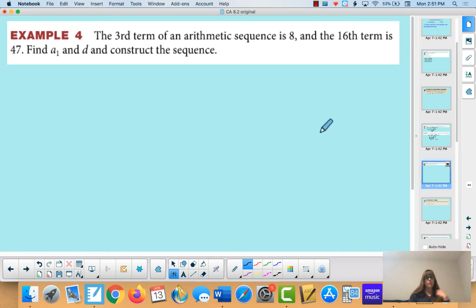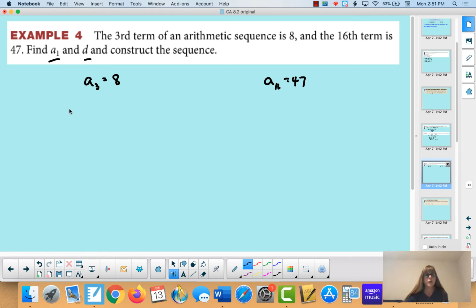Now in this problem, we're given two pieces of information. We know that the third term is 8, and we know that the 16th term is 47. But for the formula, we need to know a sub n, which in this case would be 16, but we also need to know a sub 1 and d, and we don't know either of those.